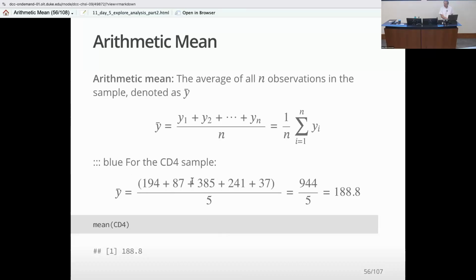I forgot to delete something there. For our CD4 sample, this is taking those numbers, adding them up to get 944, dividing by 5. So the mean value for CD4 count across our toy example is 188.8. And then we can also do that with the mean function in R.